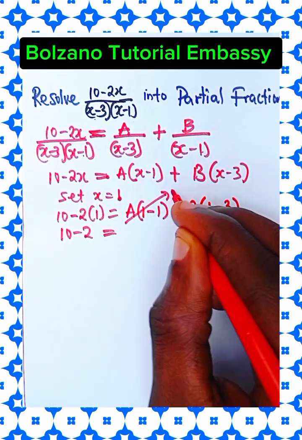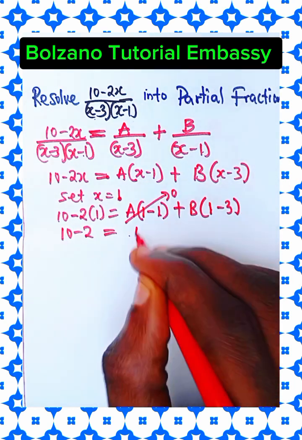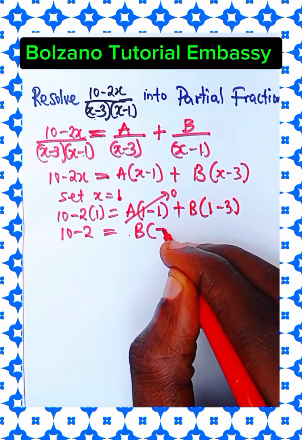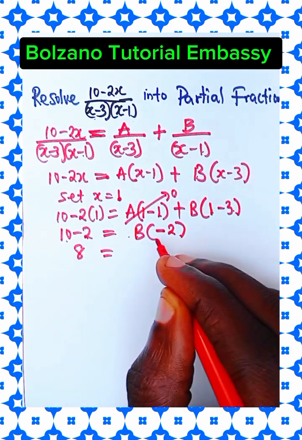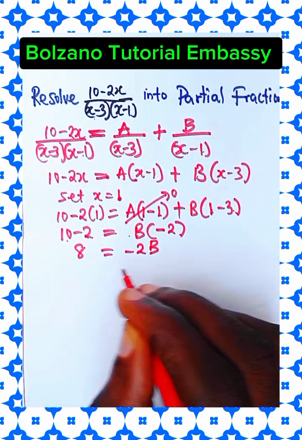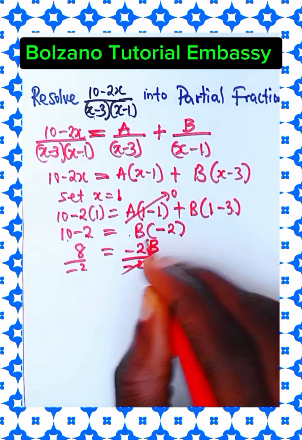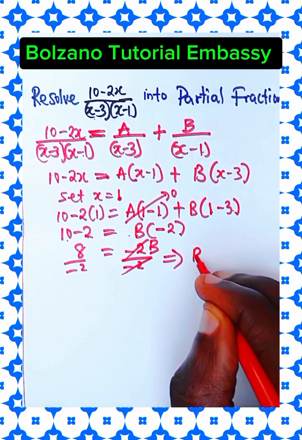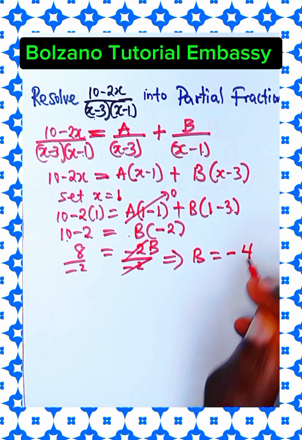Here, this will go to 0 because 1 minus 1 is 0, equal to b times (1 minus 3), which is minus 2. 10 minus 2 is 8, equal to b times minus 2, which gives us minus 2b. To get b, divide both sides by minus 2, so that this will cancel out. That implies that our b, 8 divided by minus 2, is equal to minus 4.